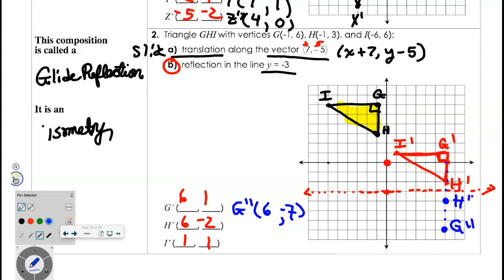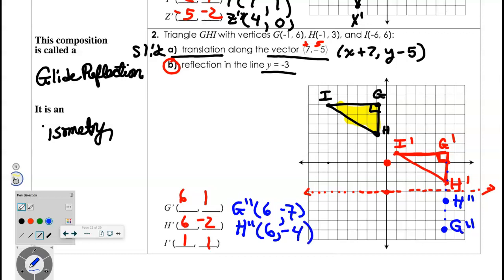So I walk to it like Ava said, and 1 away. It is still 6 to the right. Notice those x coordinates stay the same, so there is sort of a pattern. Anyway, I am still 6 to the right, but now I'm how far down? 4, right? Yep, I'm 1 below the line of reflection.